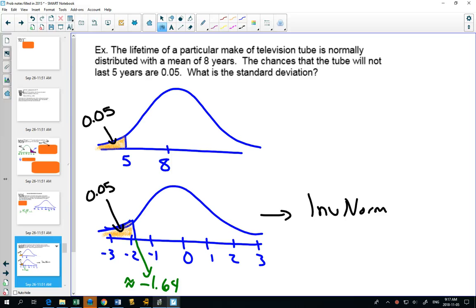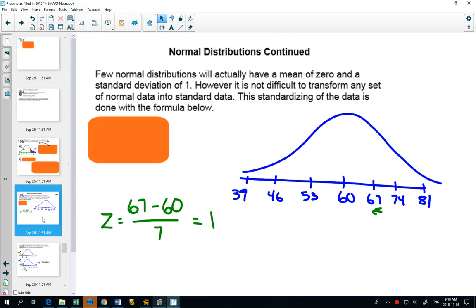So what I did in the second part is I drew a standard normal distribution. Now, for every set of data that you have, you can always convert it to a standard normal distribution. That was what I was talking about in the last slide when I said, if you scored a 67, then you're one standard deviation above the mean.